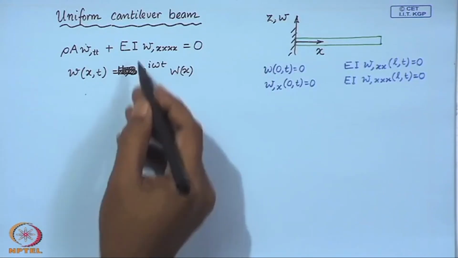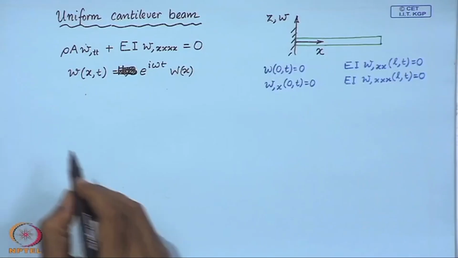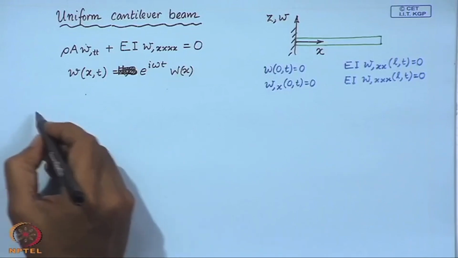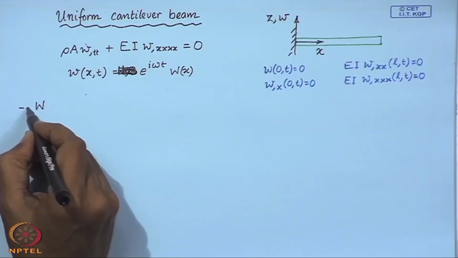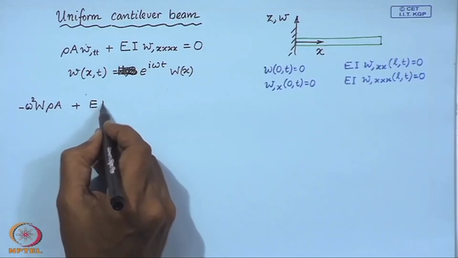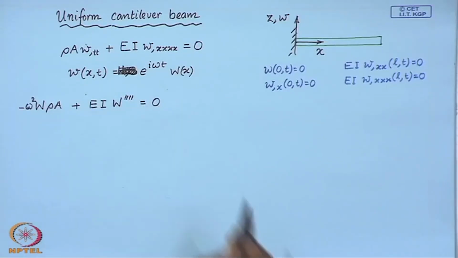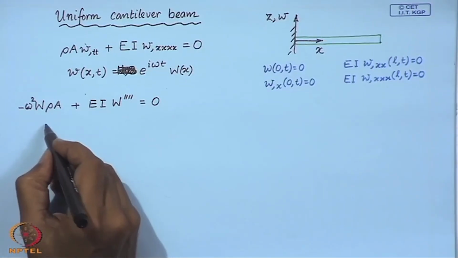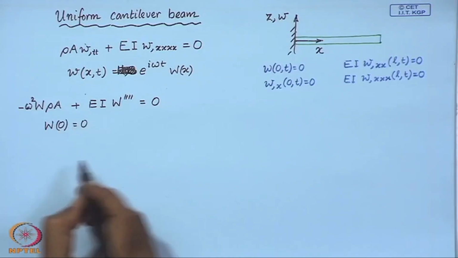When we substitute, the differential equation of the eigenvalue problem remains the same, along with the boundary conditions which we have now.